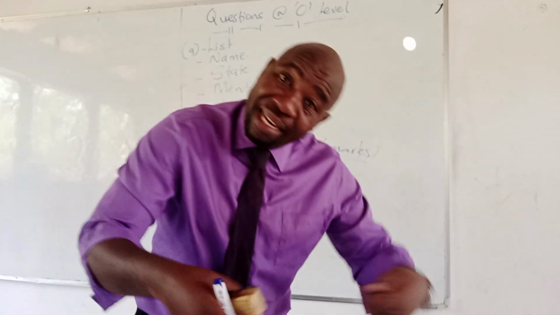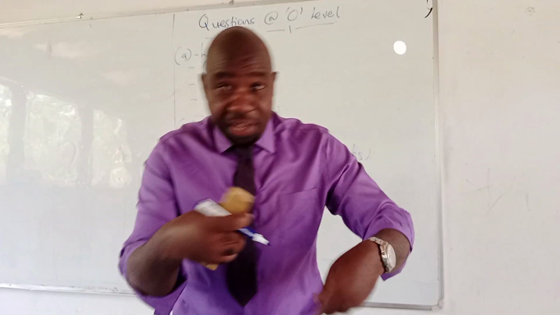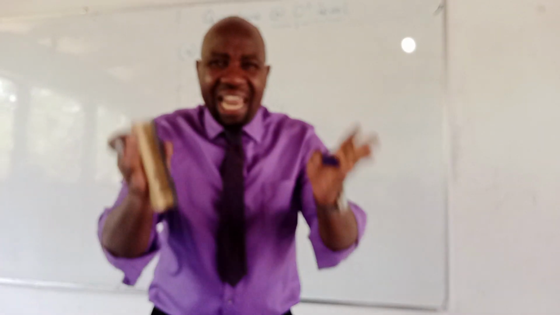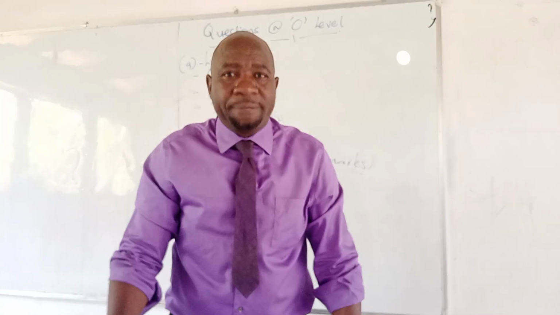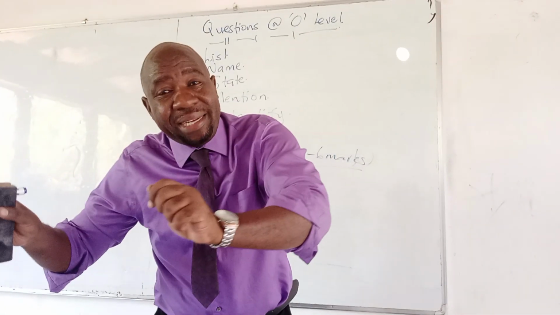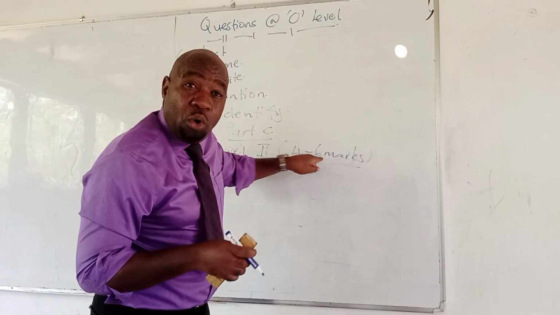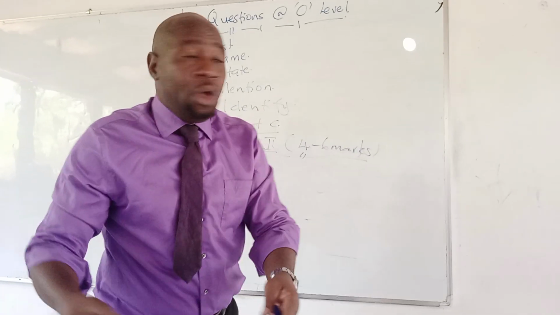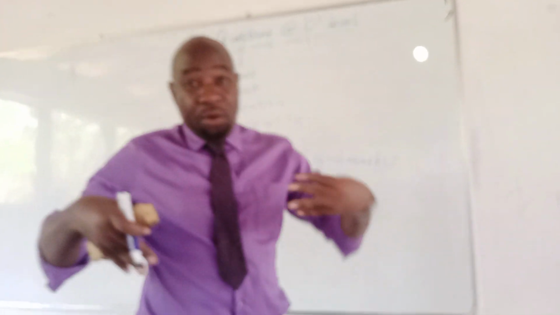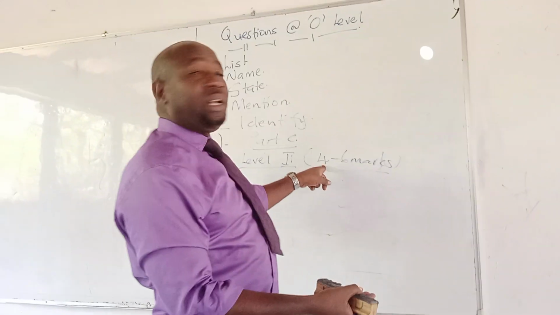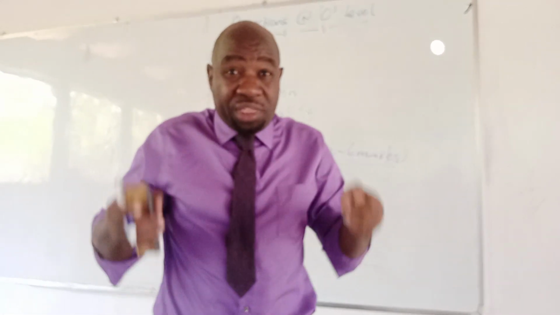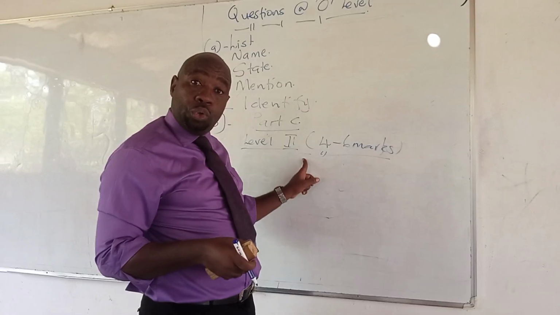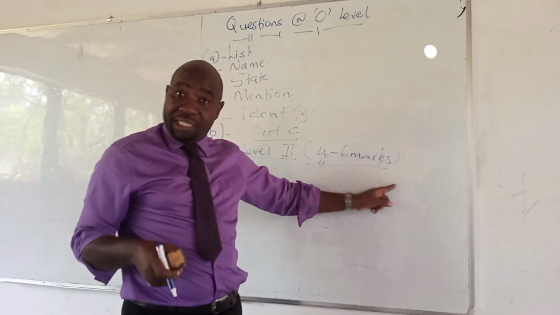You say Britain was also responsible because of the naval race. Then you say Austria-Hungary was also responsible. Such an answer does not have judgment. All those answers will be marked, and the maximum you are going to get is 6. If you write 3, then another 3 on the other side, you get 6 marks. If you write 2 on Germany, then 2 on Austria, you get 4 marks. So answers without judgment put you in level 2, 4 to 6 marks.